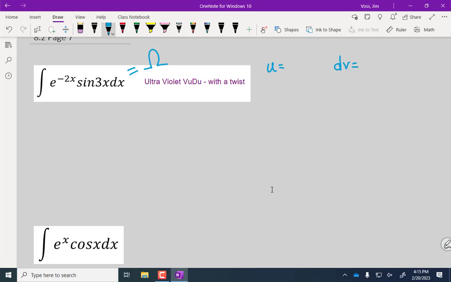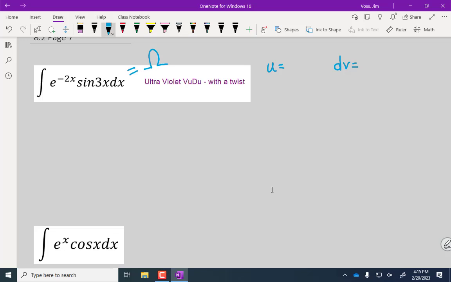So it's going to stay equal difficulty. So it's just going to cycle, right? If you put a sine with u or a sine with dv, it just becomes the other function, a cosine. But doesn't that also happen with e to the x or e to the minus 2x? Doesn't matter. If you have an exponential and you differentiate, you get another exponential. If you have an exponential and you integrate, you get another exponential. So that's how you know that it's going to be a twist.